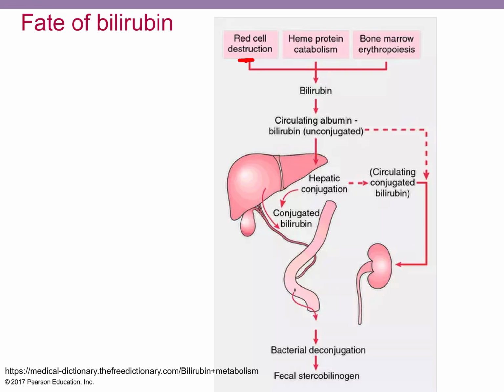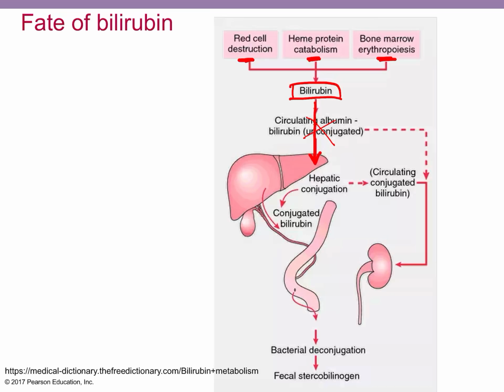Okay, this picture, I forgot I had this picture. So this is the fate of bilirubin. So we have red blood cell destruction in the spleen. We have the heme protein catabolism, or we have bone marrow erythropoiesis, and those can all create bilirubin. Circulating albumin and bilirubin are unconjugated.